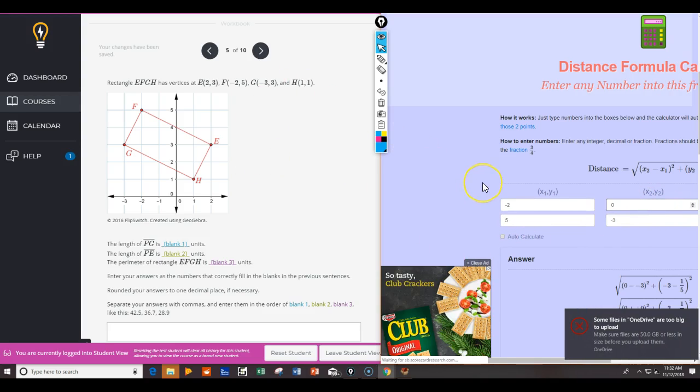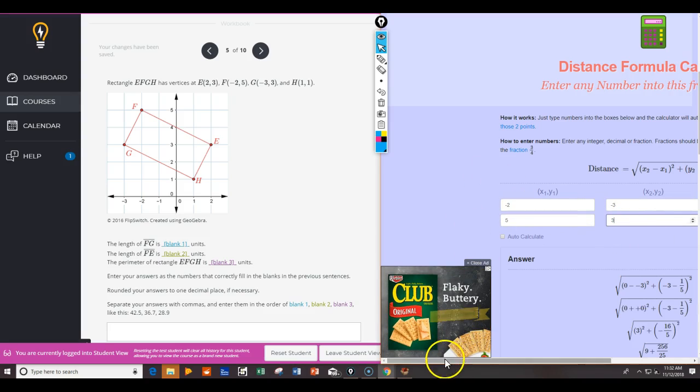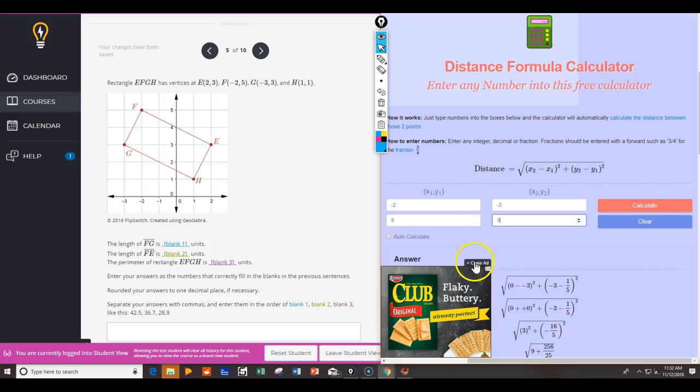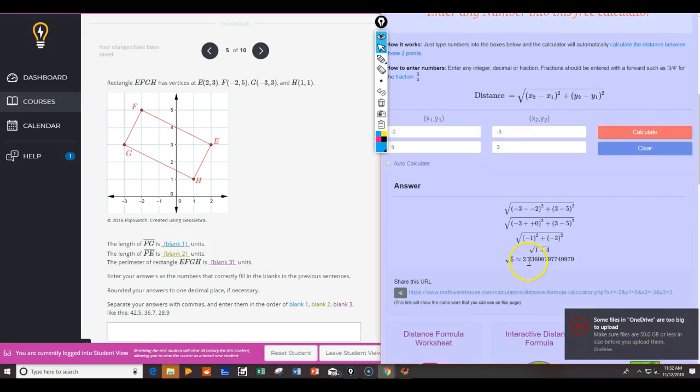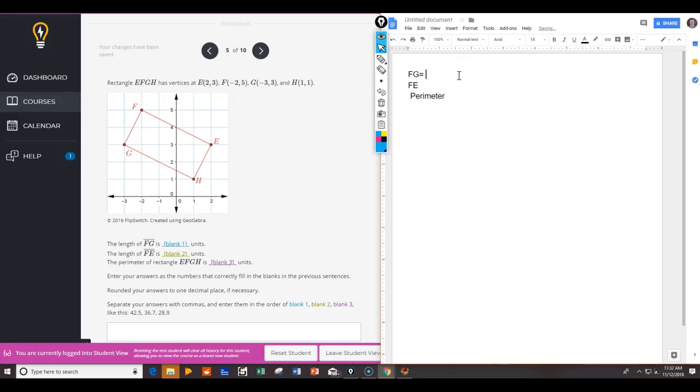G is going to be -3 and 3, and then you would go over here and click calculate. And notice down here it has all of the work, and it's 2.236.